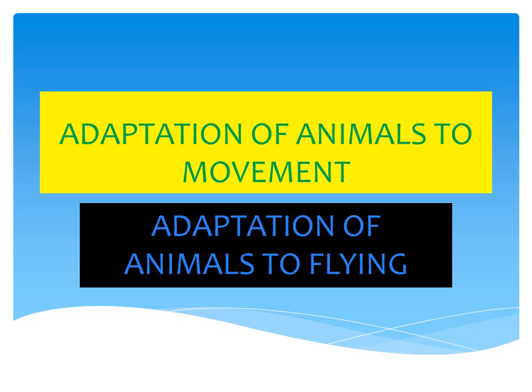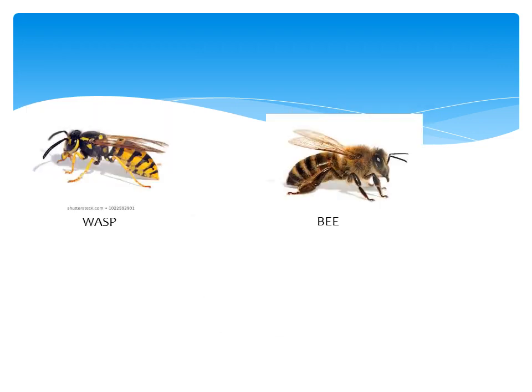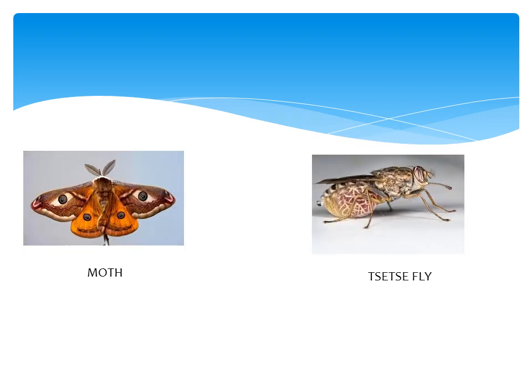Pupils, I want you to have a look at the following flying animals. We have the bats, the housefly, the eagle, the wasp, the bee, the moth, the tsetse fly.